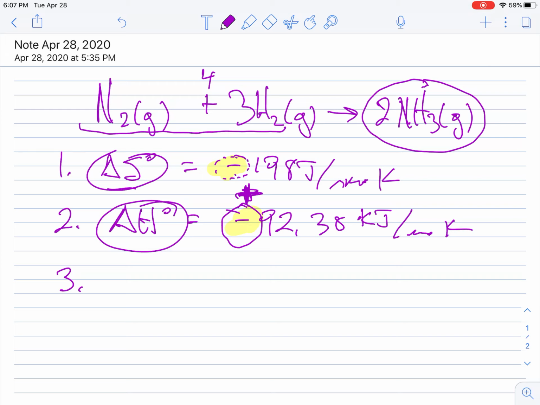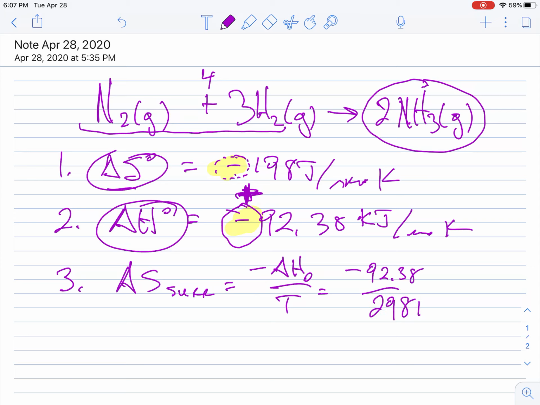Now, let's say that we want to calculate delta S for the surroundings. Now remember, delta S for the surroundings is negative delta H naught divided by temperature, which in this case would be negative 92.38 divided by 298 Kelvin, assuming that we're running it at room temperature.